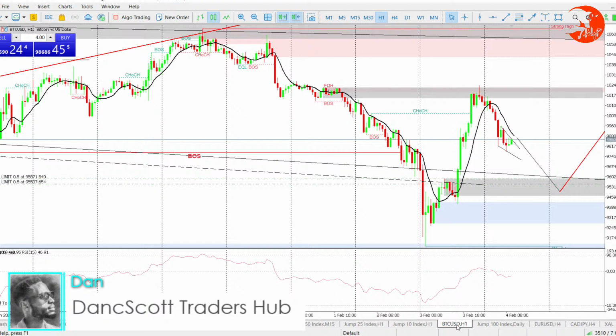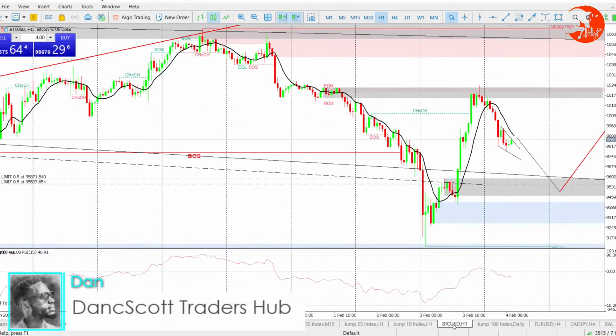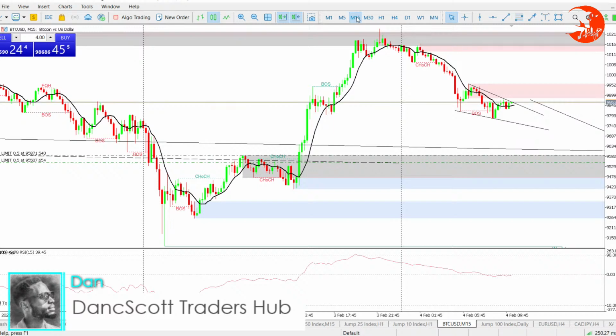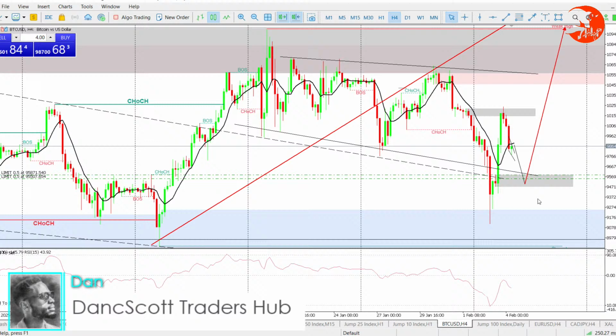I think that's it. I don't know if you guys have a question, but as far as this asset is concerned, BTC, we will be looking for more buys later on today. Once we see something of sorts, I already have my buy limits waiting on this very H4 OB.